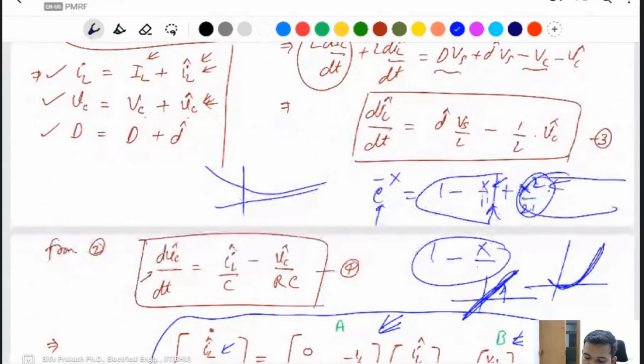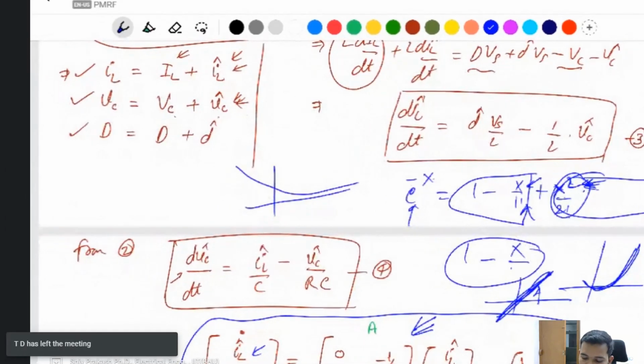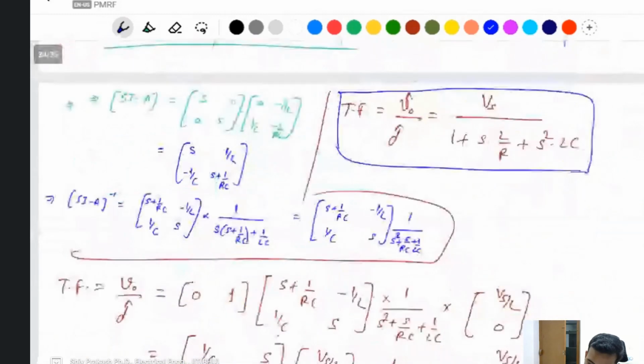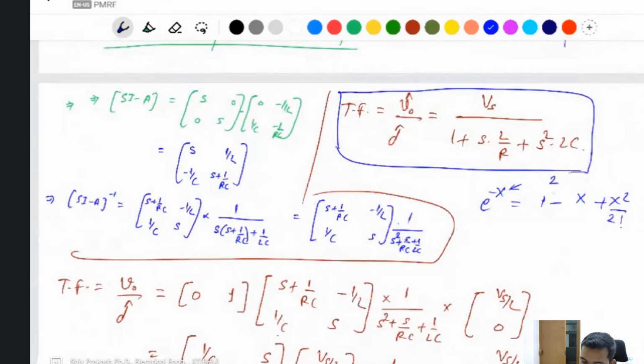Then you can apply it. If x is greater than 1, you can't neglect the higher terms because they have more value with respect to x. For e to the power minus 2, x square is 4, so you can't neglect this term.